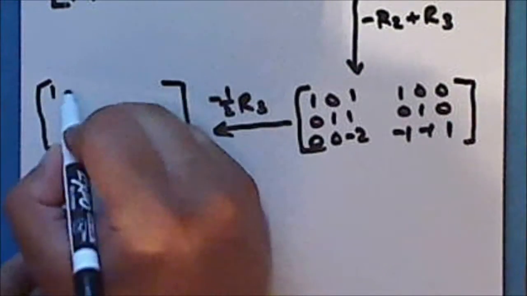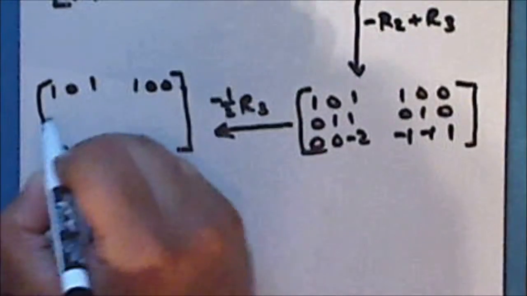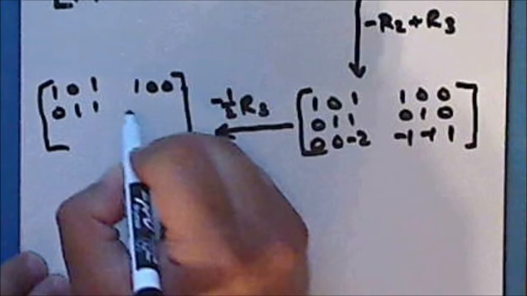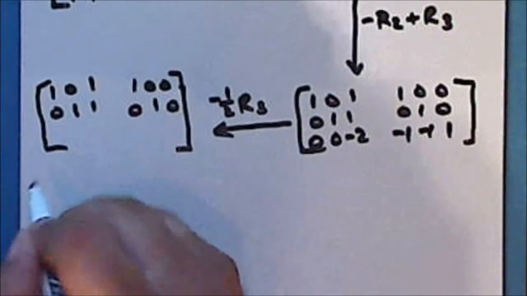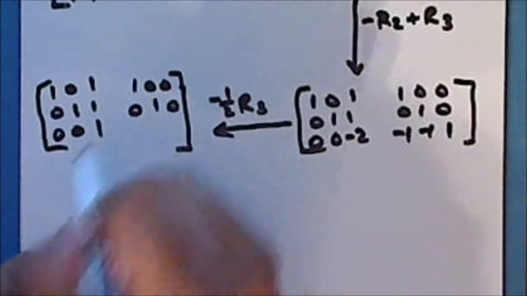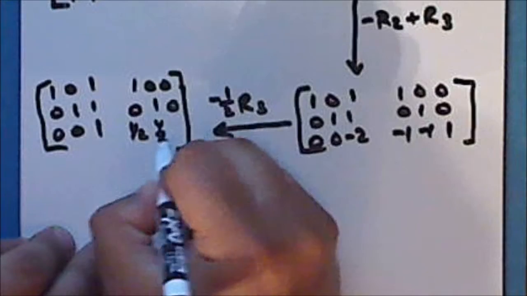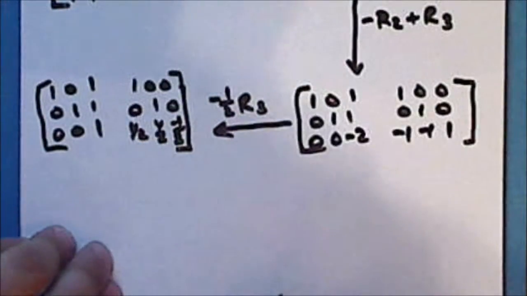So again, row 1 and row 2 do not change. Now for row 3, we have 0, 0, 1, 1/2, 1/2, negative 1/2.